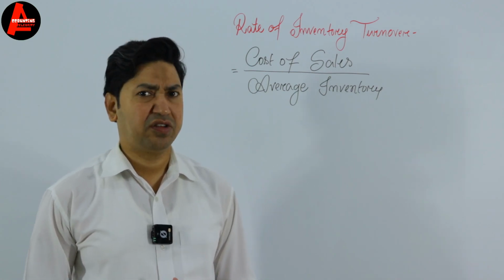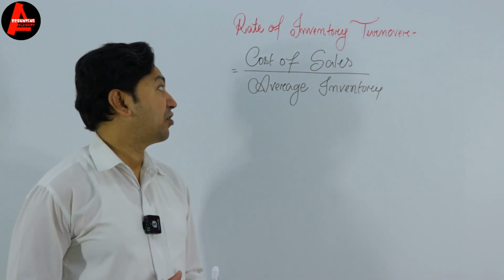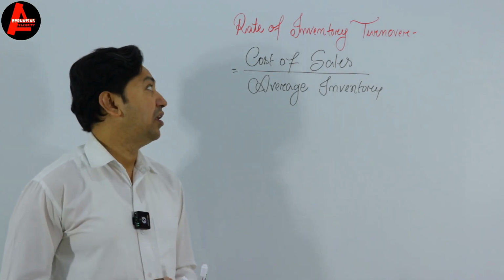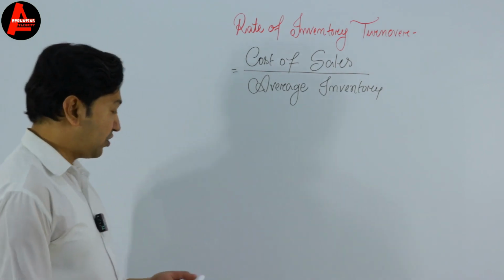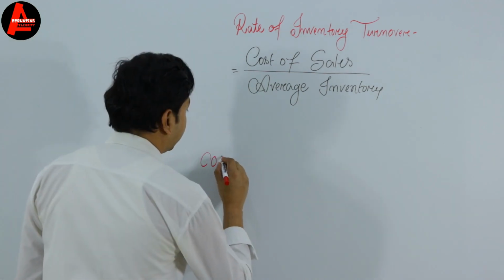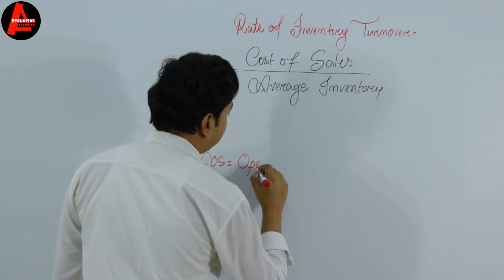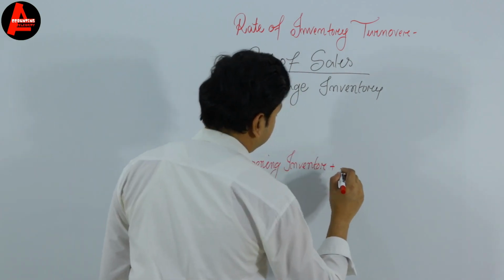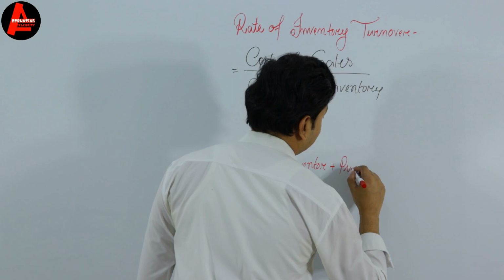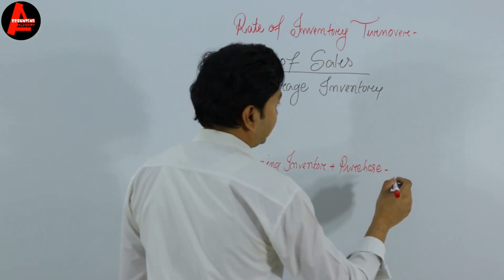Okay, so these items are not there. We don't have to think about it. Okay, so for future you have to remember. Okay, great. Here cost of sales equals opening inventory plus purchases minus closing inventory.